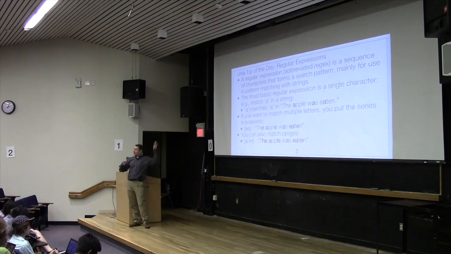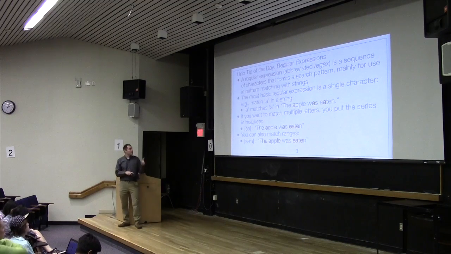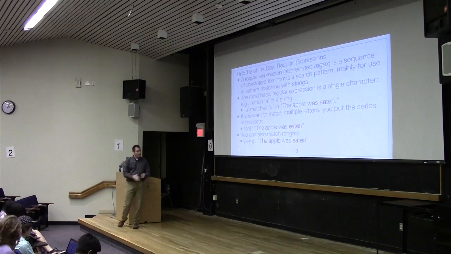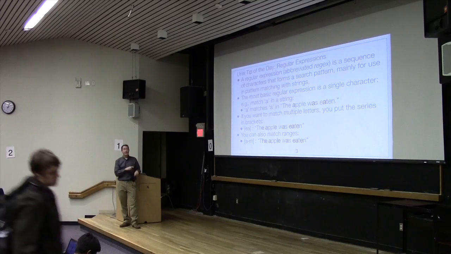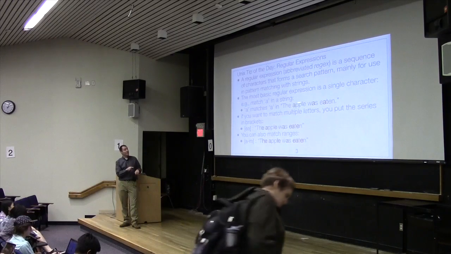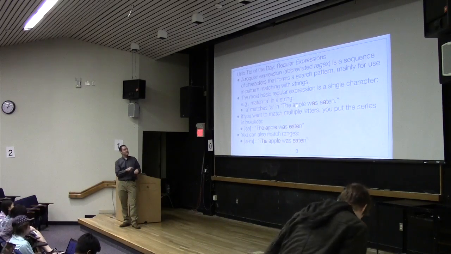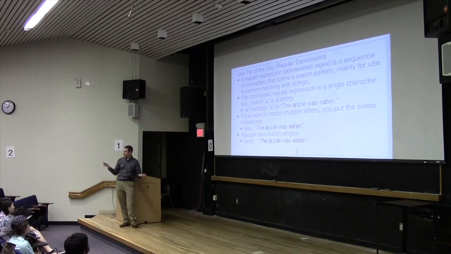Here's how I'm going to give you a couple examples. The most basic regular expression is just a simple character. Depending on which regular expression engine you're using, it may only match the first character, or it may match all of them. I'm going to show you the one where it matches everything. So in this case, if you have the regular expression A and you were looking at the string "the apple was eaten," it would pick out this A and that A, because those are all the A's in there.